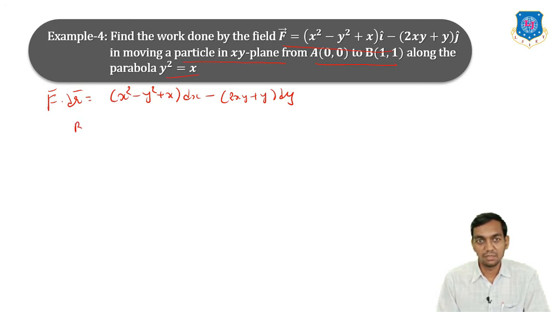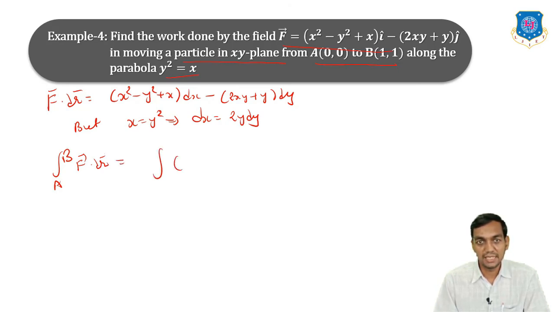Okay, but what you will have is x is equal to y square, and therefore dx is equal to 2y dy. So what we are going to do is integration from a to b of f dot dr, and here I am going to replace x by y square.